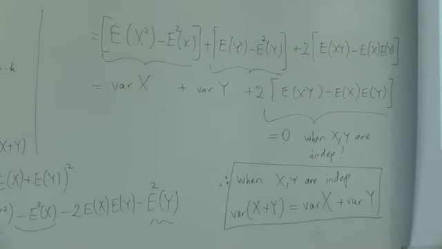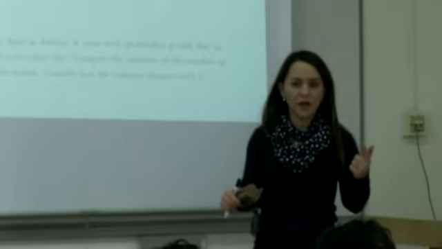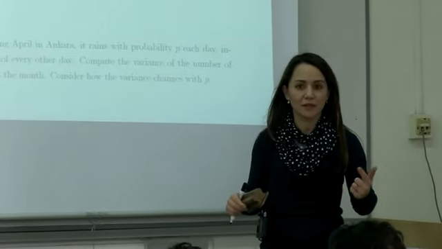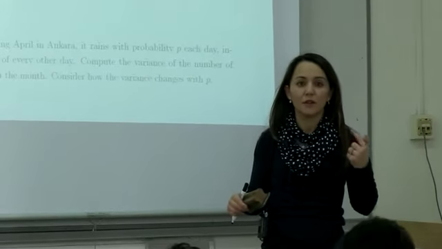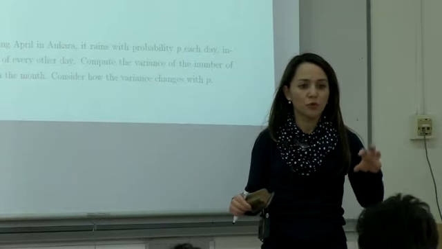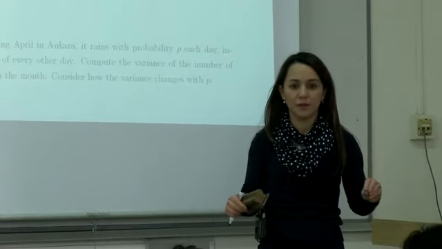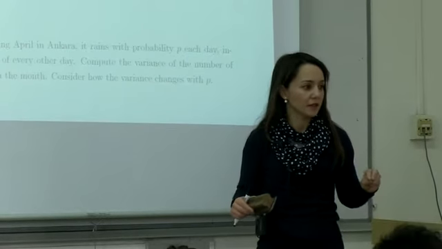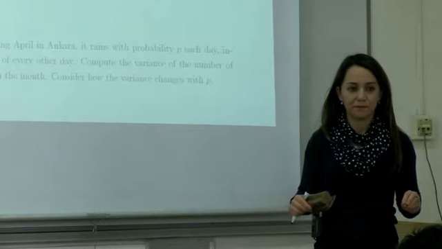Also think of what variance means intuitively. Variance is a measure of how random something is. When is variance 0? There's only one condition under which variance is 0. When the given random variable is actually a constant, when it's not random, when it's equal to a constant with probability 1, only then variance is 0.